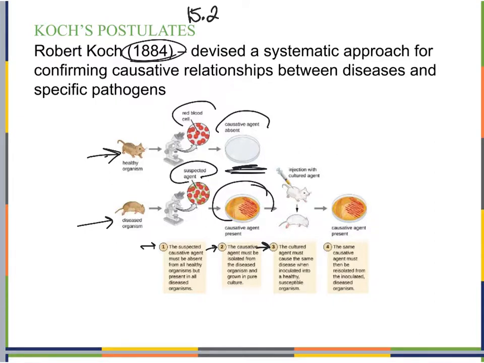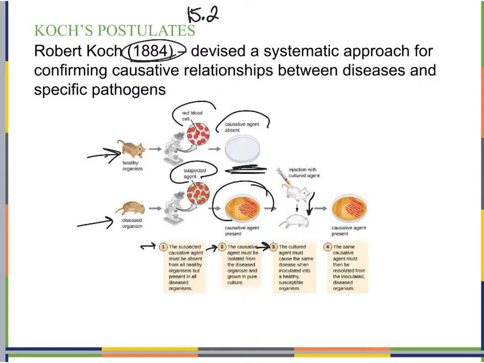So then what they say is, okay, we took the diseased organism, we took a sample from it, a blood sample, let's say, we see that it is in there, we can culture it in a pure culture on an agar plate, and then we can take that organism from the agar plate and inject it into an otherwise healthy organism, and then we can see that they become diseased.